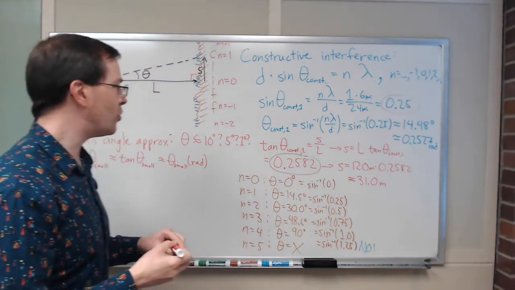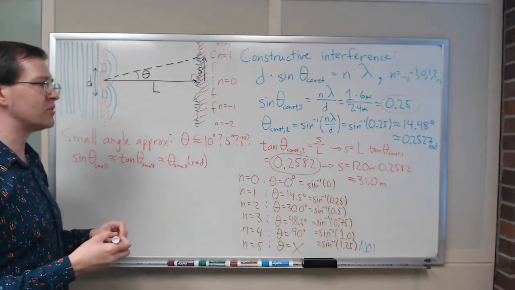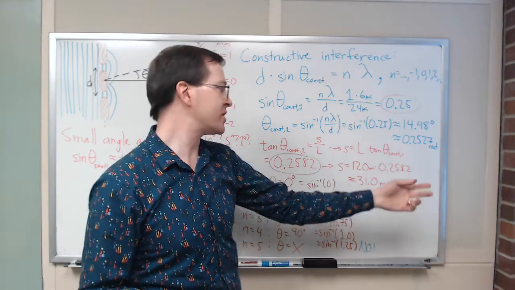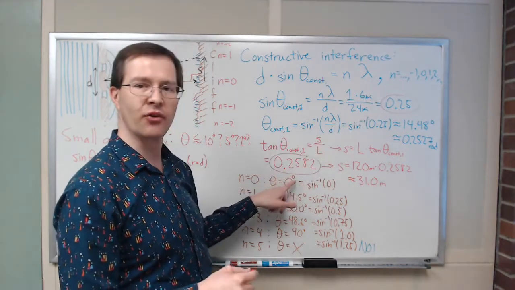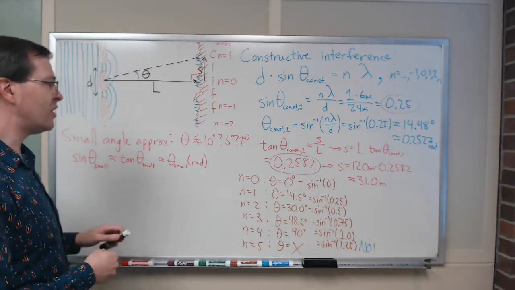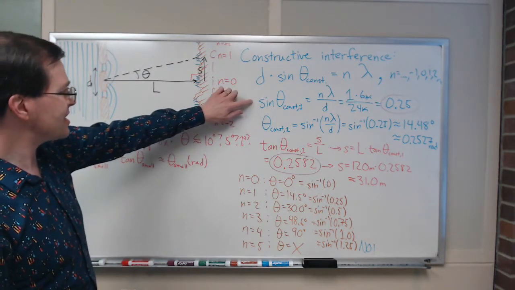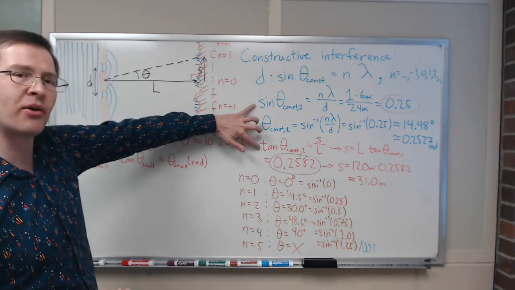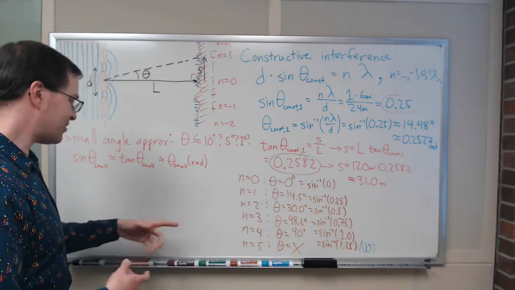And if that's true, if we're at one of these small angles, and again, 14.5 degrees is borderline. We saw these were about 3% different at 14.5 degrees. If I have a small enough angle, then I can say if sine and tangent are about the same, then I can compare those.